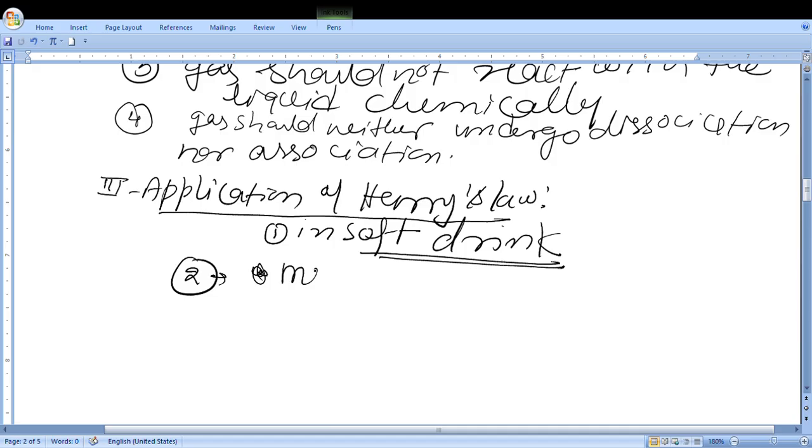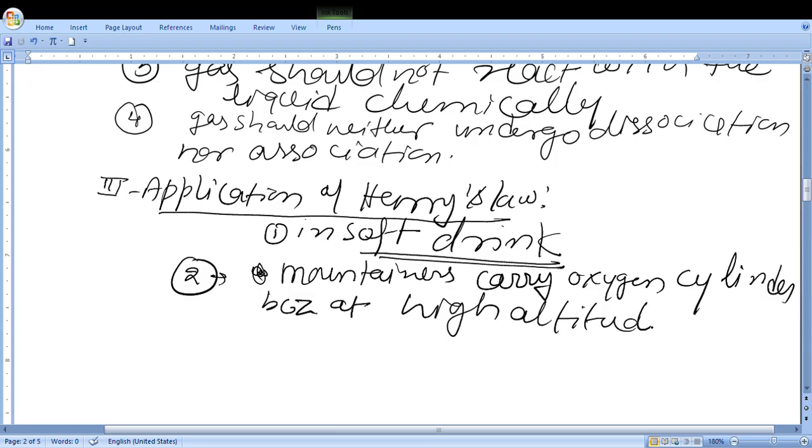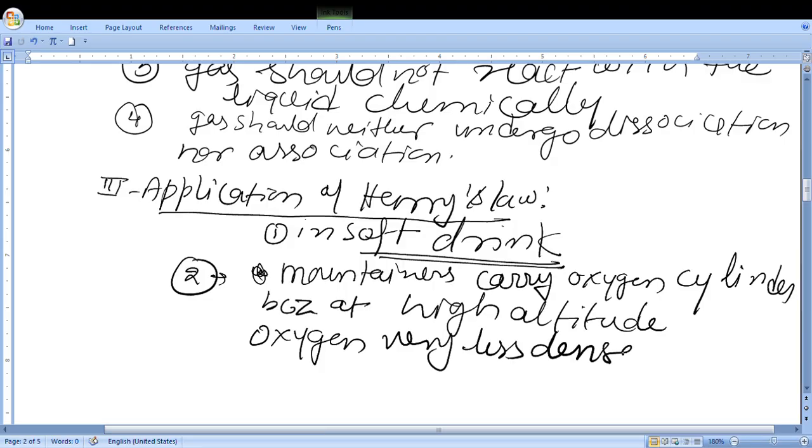Number two, mountaineers carry oxygen cylinders. The reason is that at high altitude oxygen is very less dense.